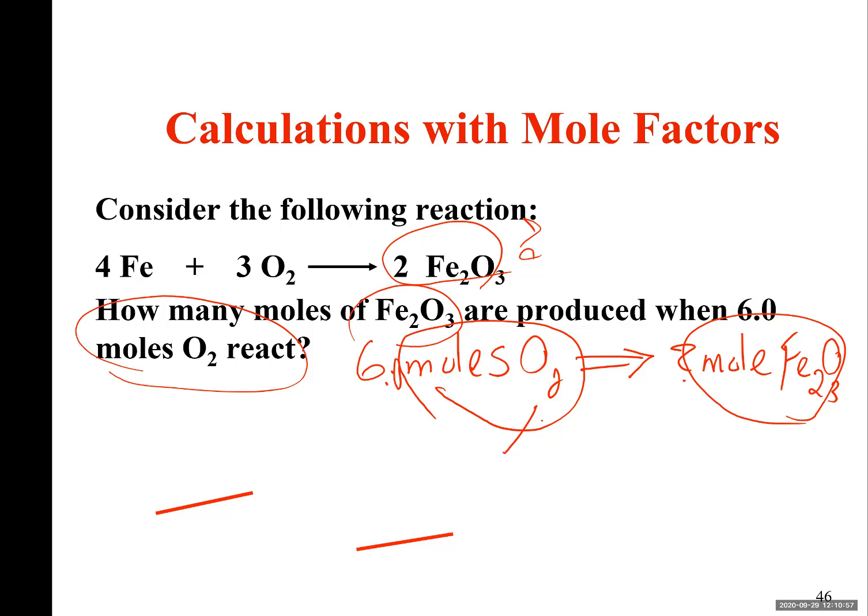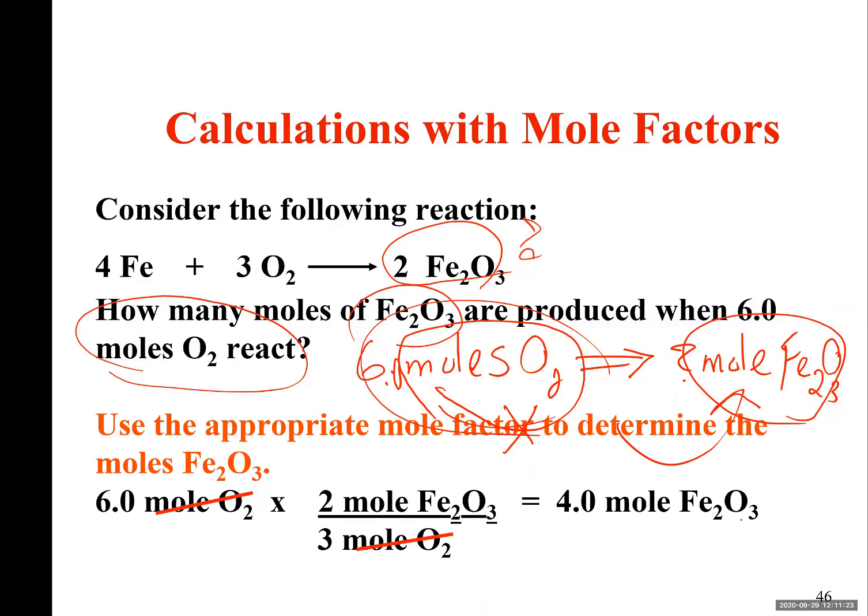I must cancel this and convert it into moles of Fe2O3. So you can figure out what sort of conversion factor you need. You always write the unit you are canceling on the bottom. So this must go on the bottom. That's what we want to cancel. The unit you are converting into must go on the top.